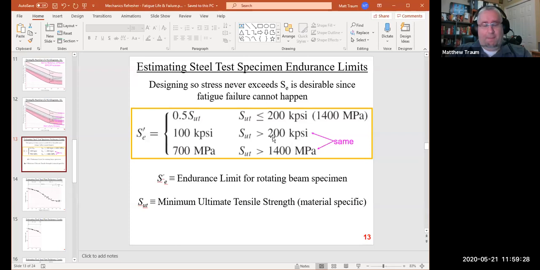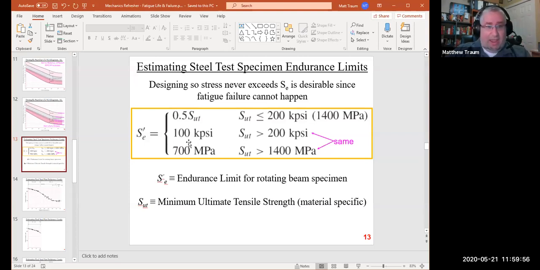When I initially saw this, I was really confused. Why are there these two different lines here? When you do the math, it turns out that 200 kpsi, which is imperial units, is the same as 1400 megapascals, which is SI units. So these two are the same value. One is imperial, the other is SI. That confused me for a really long time, but now I'm glad I can understand and explain it to you guys.